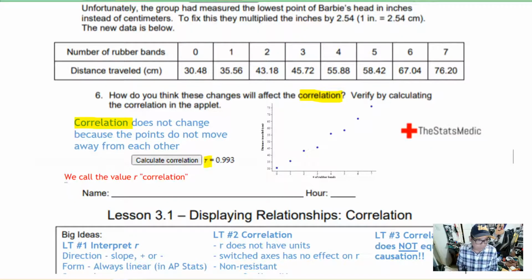Correlation refers to the numerical value which evaluates the strength in a scatter plot. So don't use correlation unless you are talking about the strength of a scatter plot.